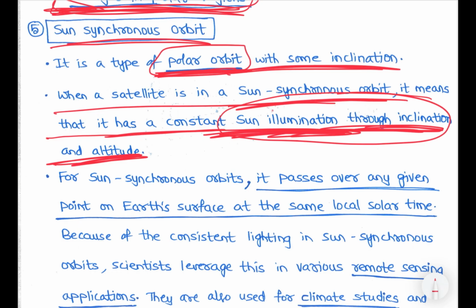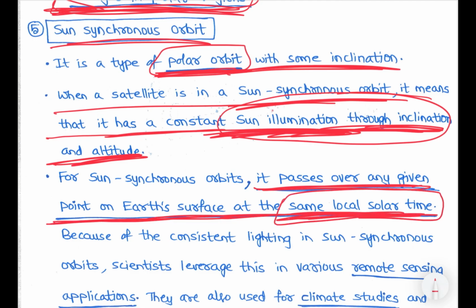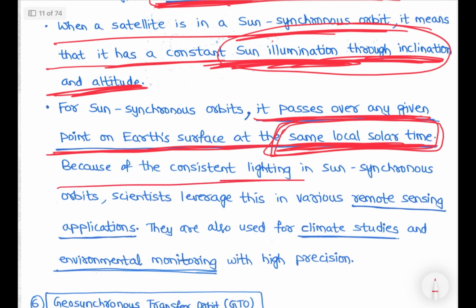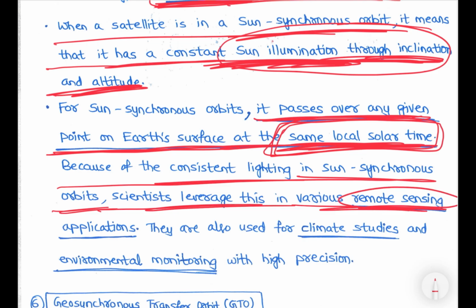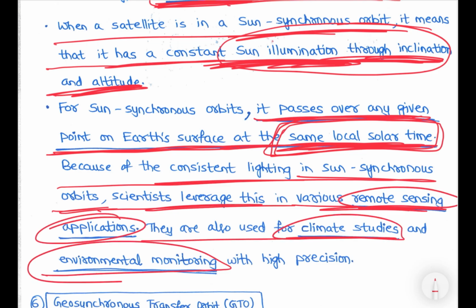For sun synchronous orbits, it passes over any given point on Earth's surface at the same local solar time, right? It will pass at the same local solar time, right? Because of the consistent lighting in the sun synchronous orbit, scientists leverage this in various remote sensing applications. They are also used for climate studies and environmental monitoring with high precision, right?